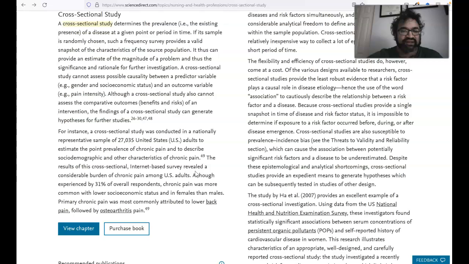So this study was looking more at chronic pain, which is another important aspect to be thinking about when you're thinking about chronic diseases, or any sort of disease, but lower back pain is very important.